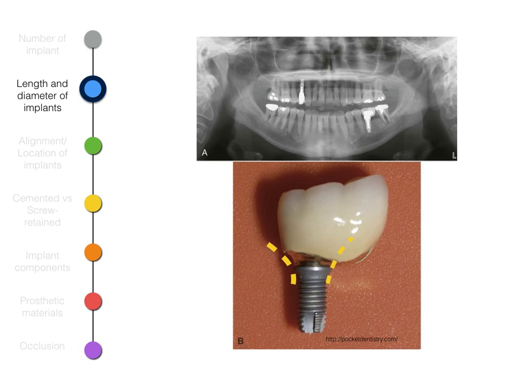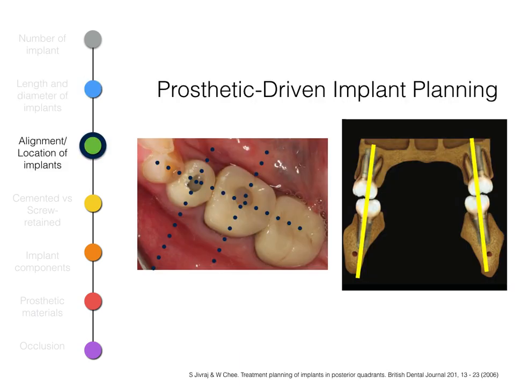So how to select the right implant diameter, also related to the implant crown, is a very important factor. Meanwhile, in this case, we can see the implant was placed too mesial compared to the crown. So the other important factor related to treatment planning is how to locate the implants.